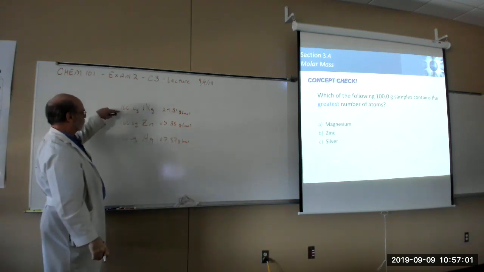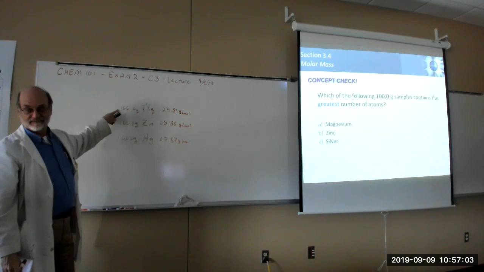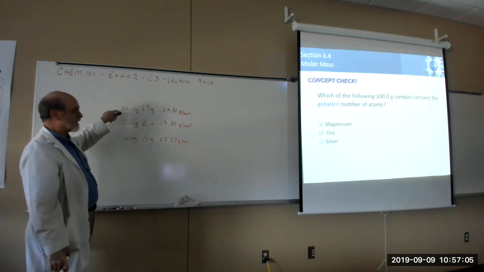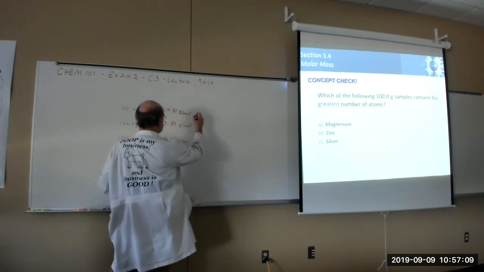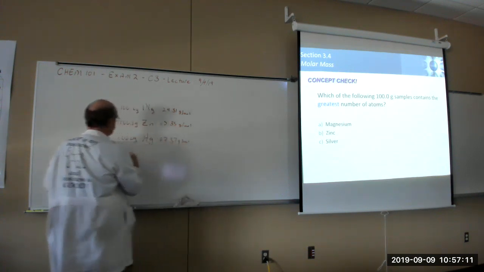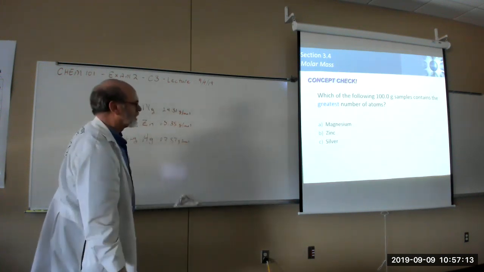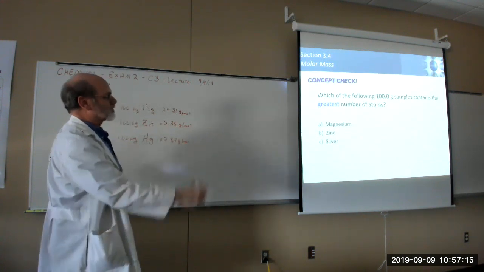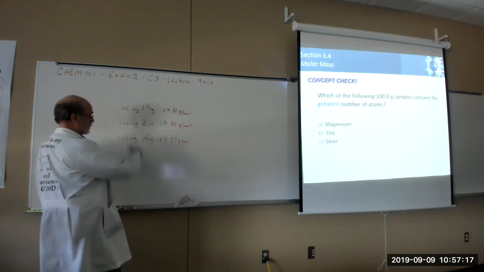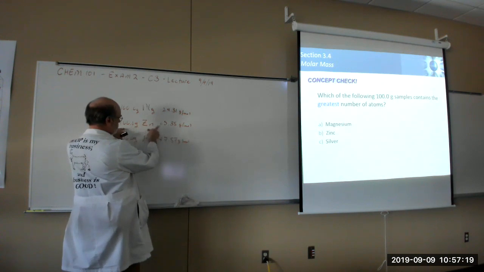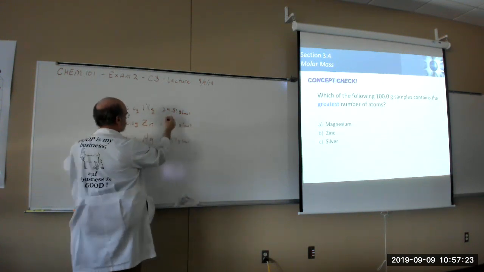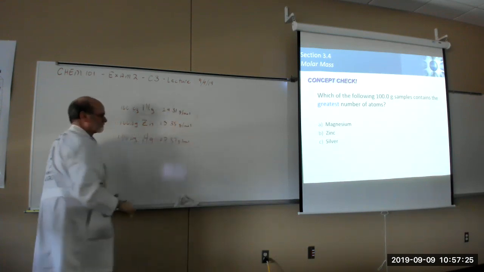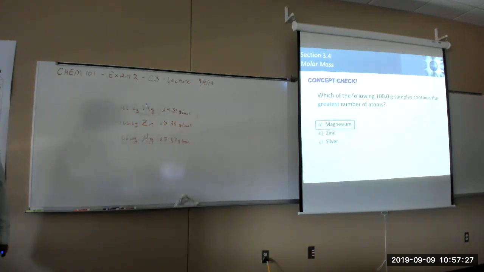Magnesium. Right, because it's the lightest one. It's going to take more of these to make that mass than of one of these. So this one's the lightest one. Let's put them in the order of, what does it say? Oh, it just says which one's the greatest number. Okay, so that's the greatest number because this one is going to be the fewest, this is going to be next, and this is going to be the greatest number. Okay?